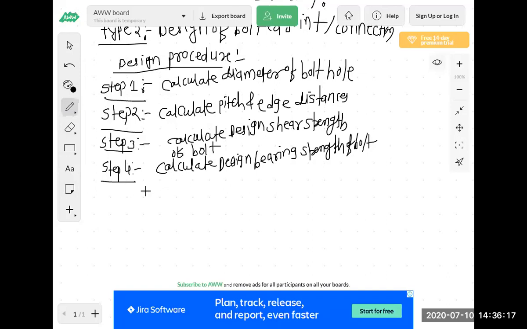Bearing strength of bolt. We have calculated in step number 5. Step number 5 is again calculate design tensile strength of the plate.